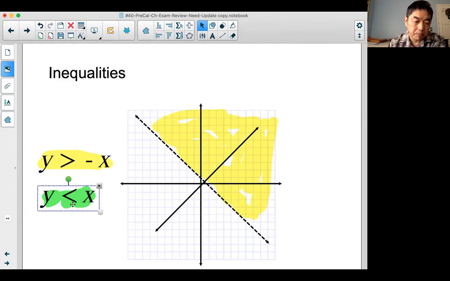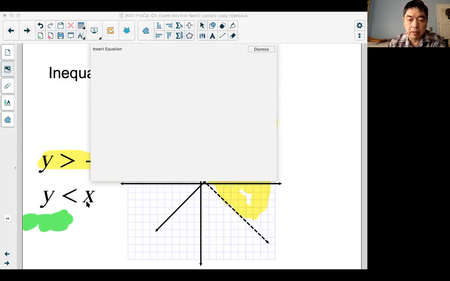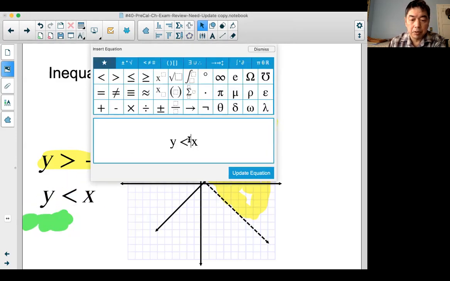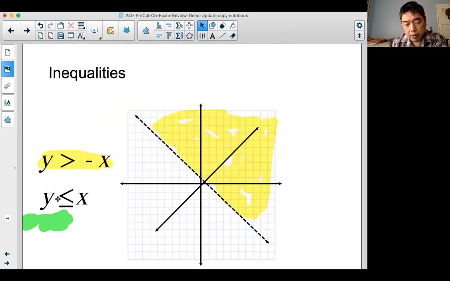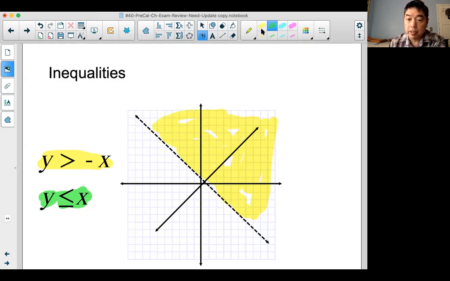So if I make this one greater than or equal to, I make this sign. That's different from the less than sign; it's the less than or equal, or greater than or equal sign, with this slash line. Maybe I use the blue color, sorry.